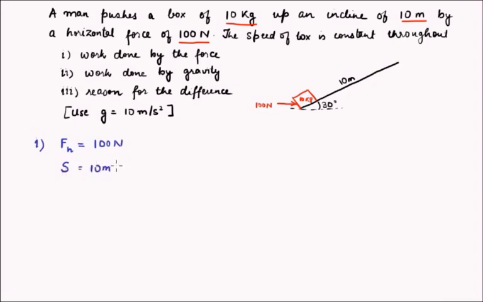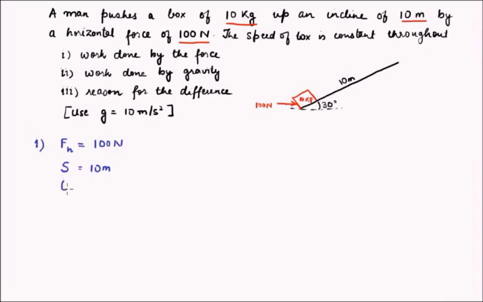We know that the work done by a force is calculated as the dot product of the force and displacement. So to find the dot product, we know that theta, the angle between the force and the displacement, is 30 degree.